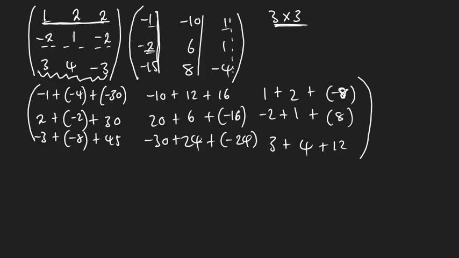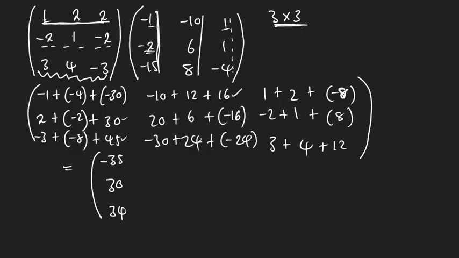Now we can find the complete matrix. Negative 1 minus 4 minus 30. So it's minus 1 minus 4 minus 30. It's giving us minus 35. Then we go to the second part, which is this part. 2 minus 2 plus 30 is 30. This part, minus 3 minus 8 plus 45, 34.